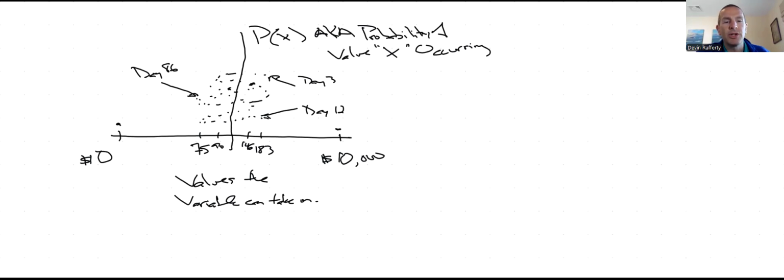Now, where measures of location and measures of dispersion come in is as follows. Let's take this probability distribution.